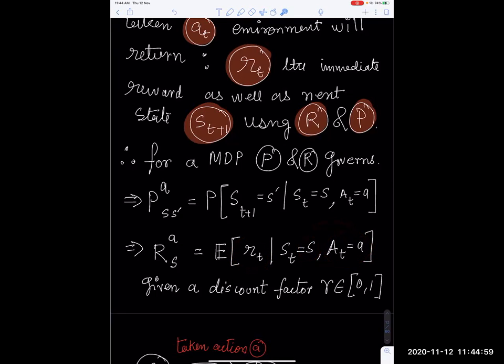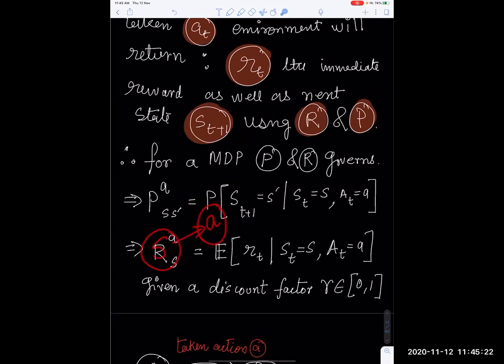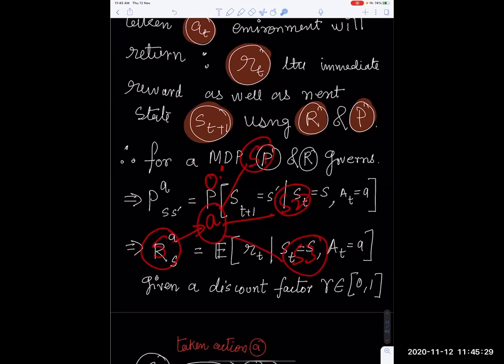Remember also that at any state S, if you take a fixed action A, you are going to be in some state S dash. It's not always true that you go into the same state again and again. At state S, I choose an action A and end up in state 1, maybe state 2, and maybe state 3, with probabilities 0.7, 0.2 and 0.1.